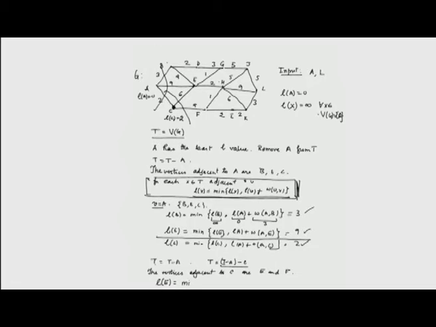So, I have to take the minimum of L of E and L of C plus W C to E. Now, that is minimum of 9 and L of C is 2 plus C to E is just 6.